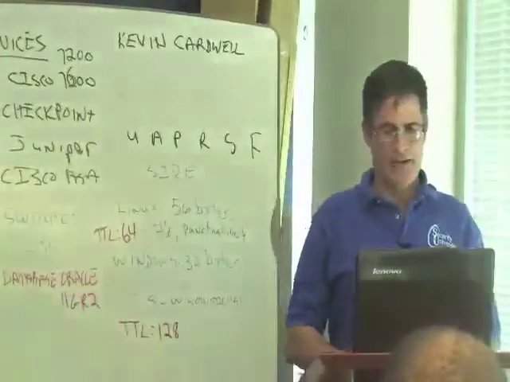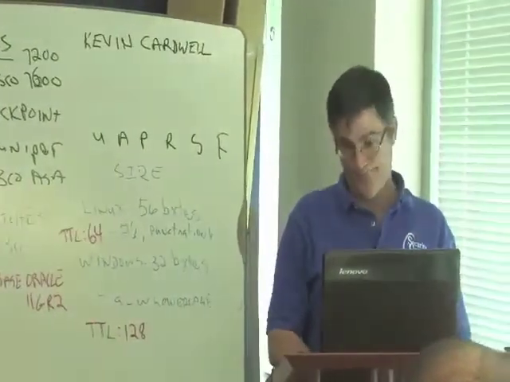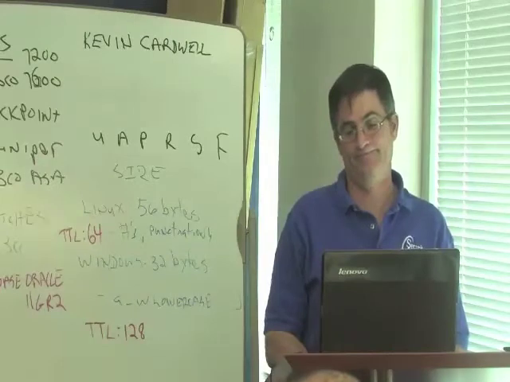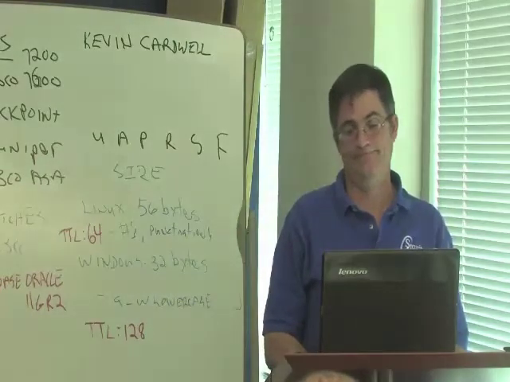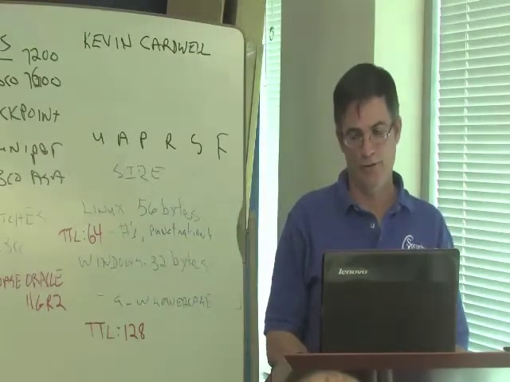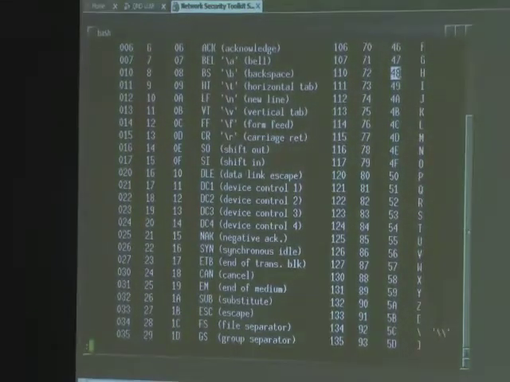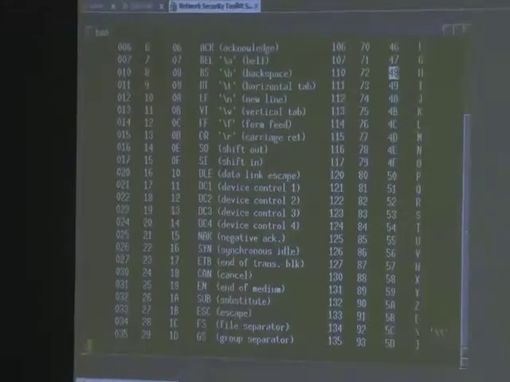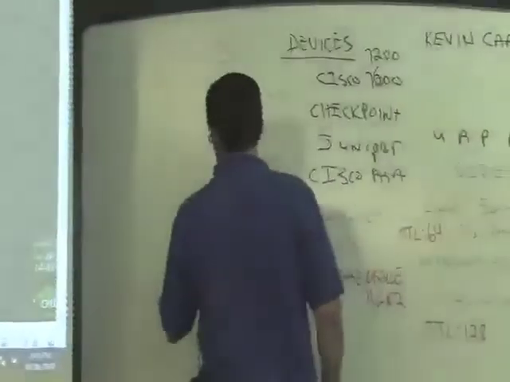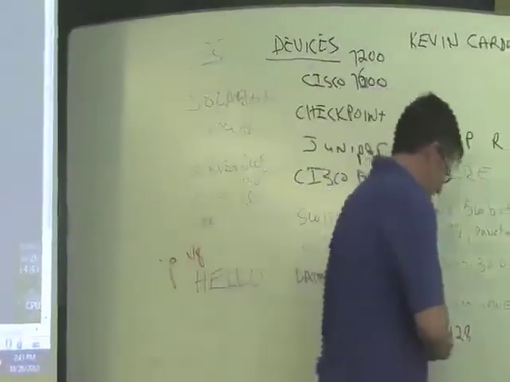The hex pattern has to have no spaces. So if you look over here at my ASCII table, there's the H, and H is a 48. So that's a 48. So a dash P with a 48, and then the rest of your message.